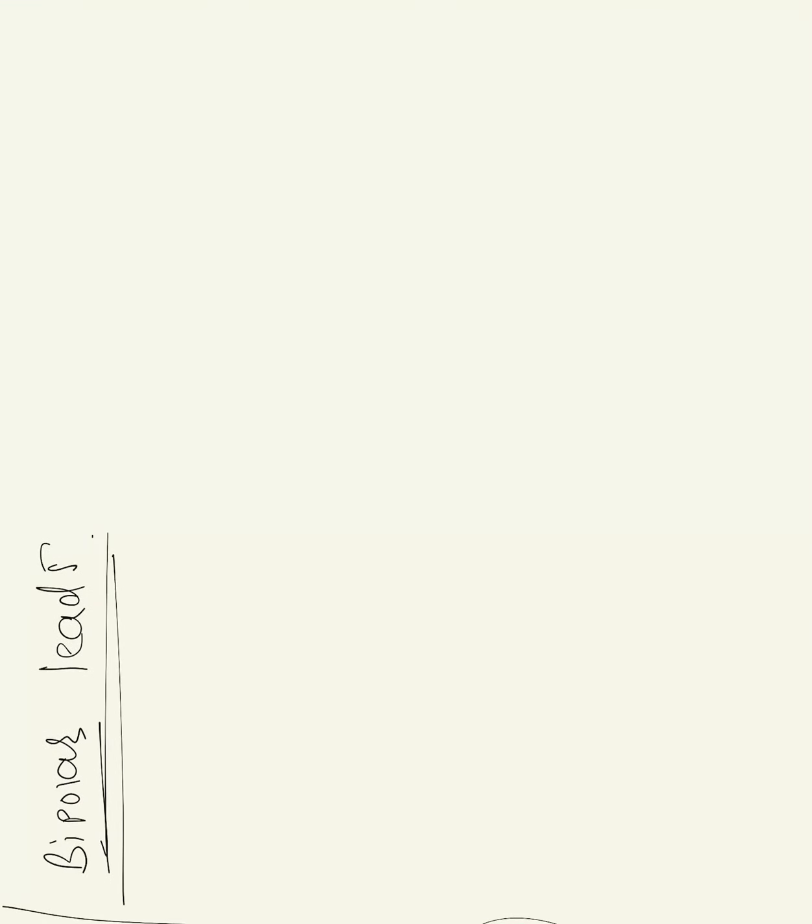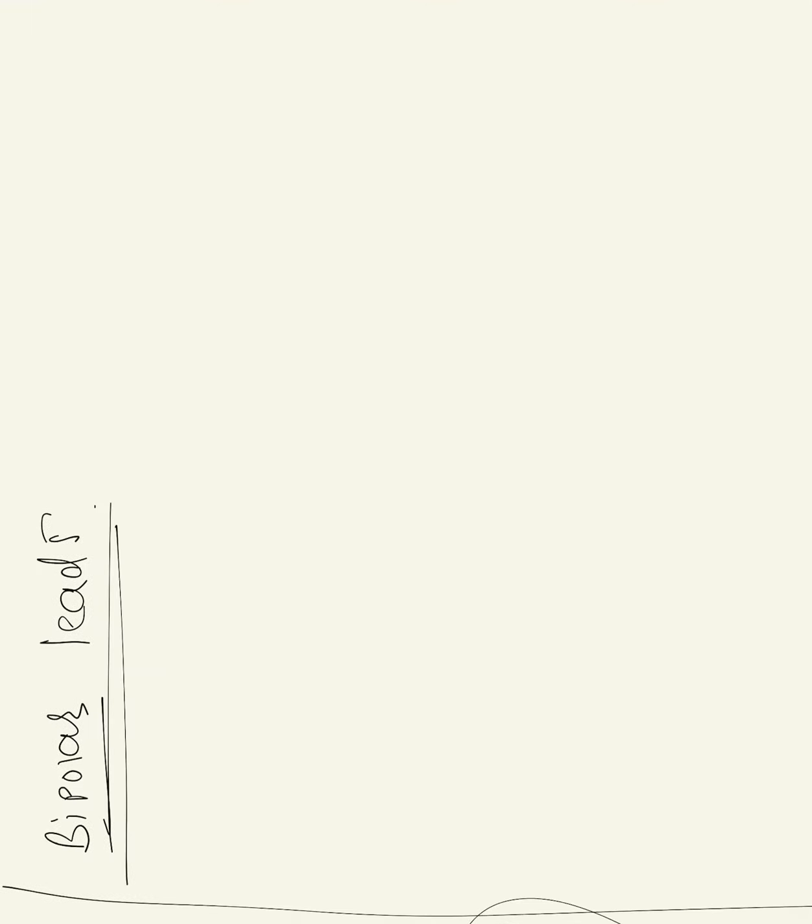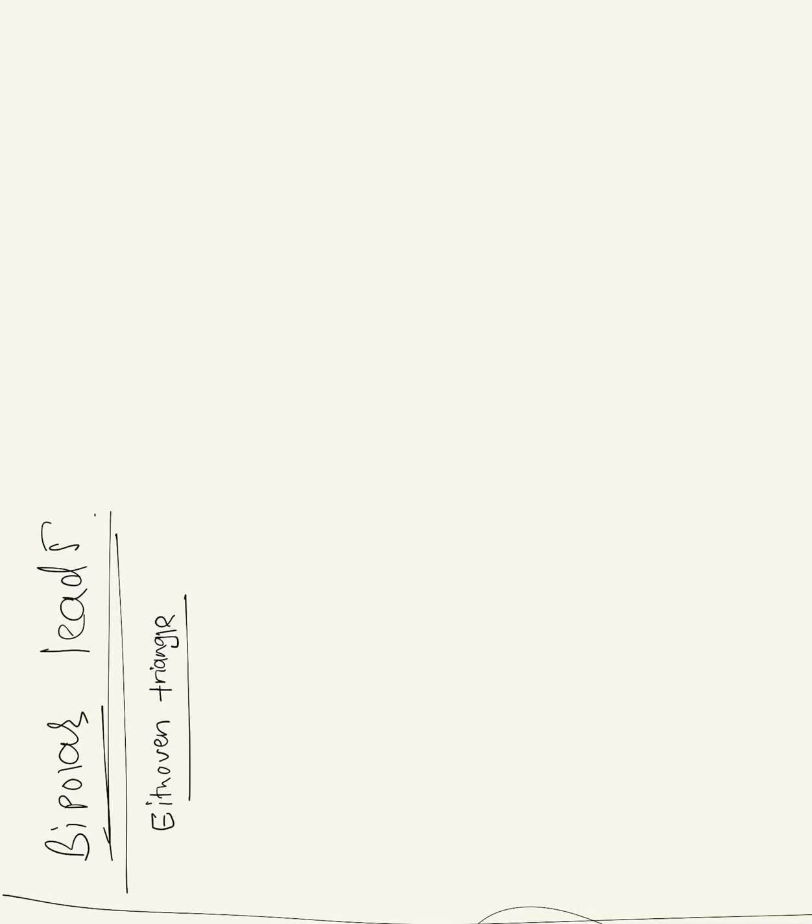Now let us go to the bipolar leads. So there is a concept called the Einthoven triangle. Let us draw some type of triangle, not by my drawing.